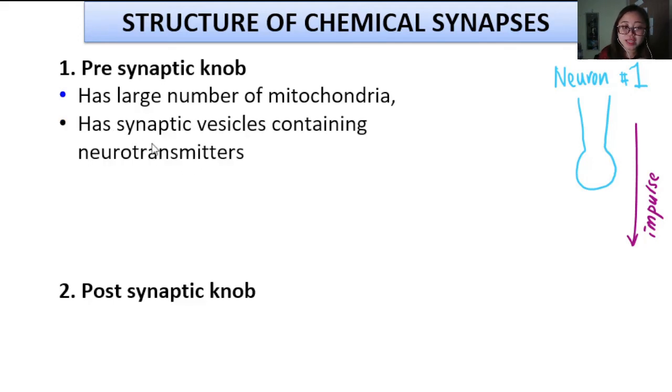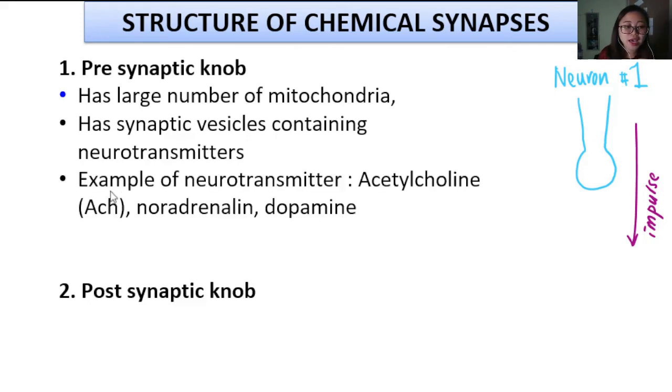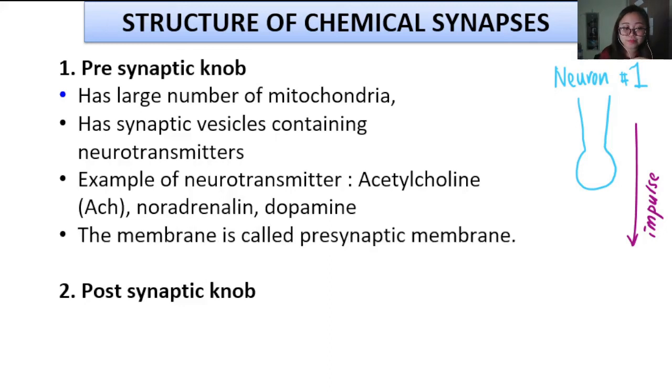It will have synaptic vesicles containing neurotransmitters. And examples of neurotransmitters that I can give you are acetylcholine, noradrenaline, and dopamine. So you may have heard the names of some of these molecules before. These are your neurotransmitters. The membrane at the presynaptic knob is called the presynaptic membrane.